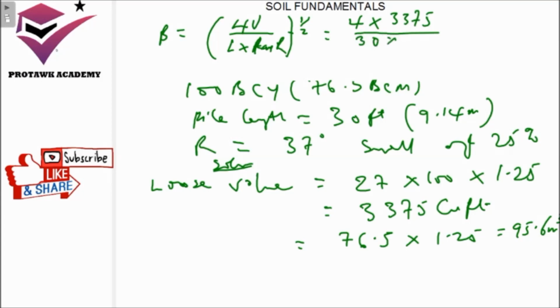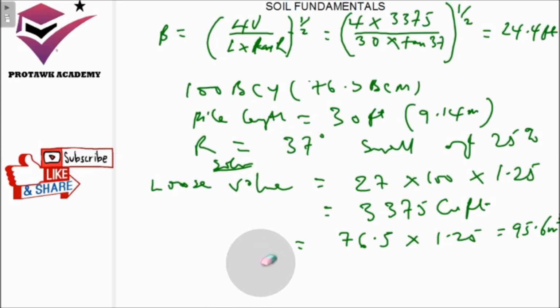Remember, we're calculating in feet, multiplied by tan of the angle of repose, 37. We close the brackets, then raise to power 1 over 2. When you use your calculator, you have a value of 24.4 feet. So let us do the same thing in meters.